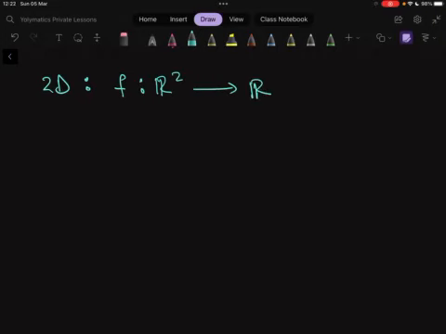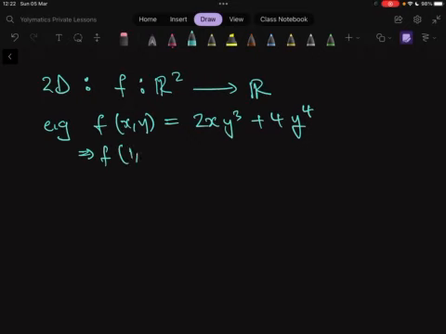An example is f(x,y) = 2xy^3 + 4y^4. Though the right-hand side looks like an algebraic expression, if you find f(1,1), you get 2 + 4, which is 6. So this tuple has been mapped to a single real number. That's what multivariable functions are.